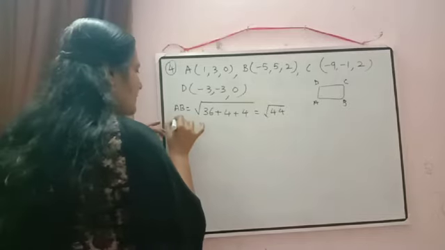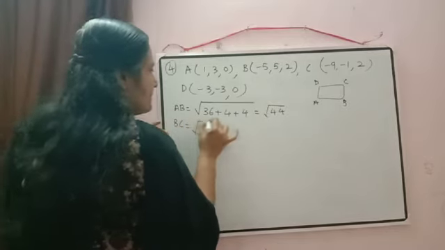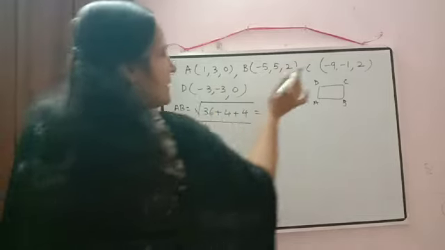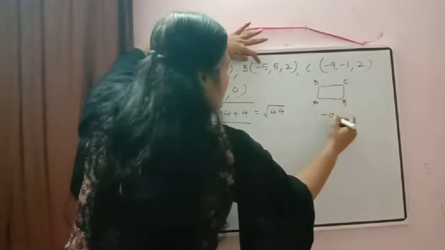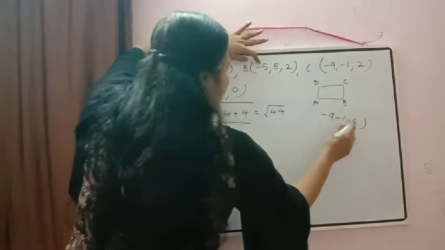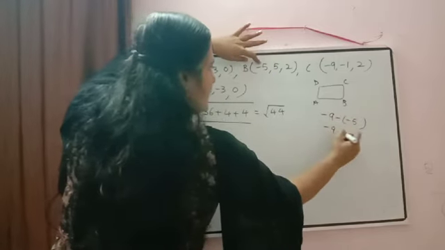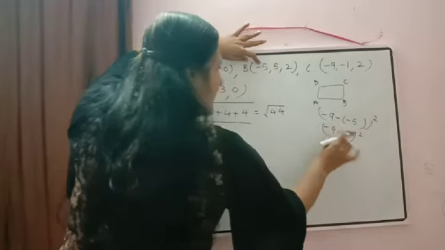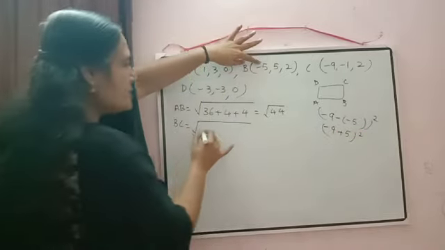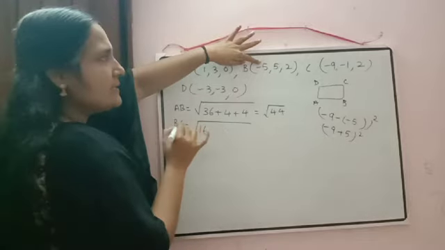Next, we can find out what BC will be. Square root of, minus 9 minus 5, so it will be minus 9 plus 5, the whole square. What will minus 9 plus 5 be? Minus 4. Minus 4 square is 16.